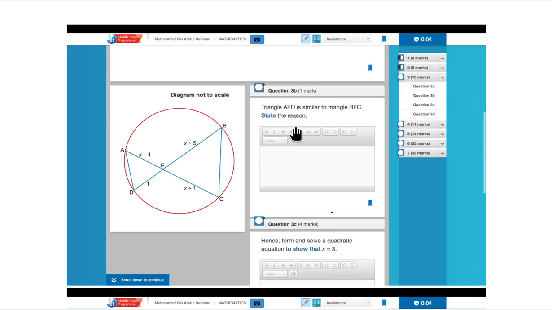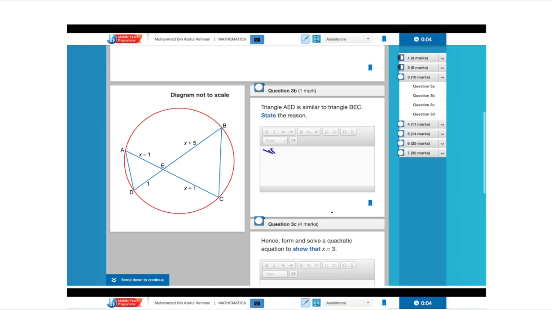Triangle AED is similar to BEC. State the reason. Okay, first things first, they have equal angles. I think we just have to mention that, since it's a 1 mark question.